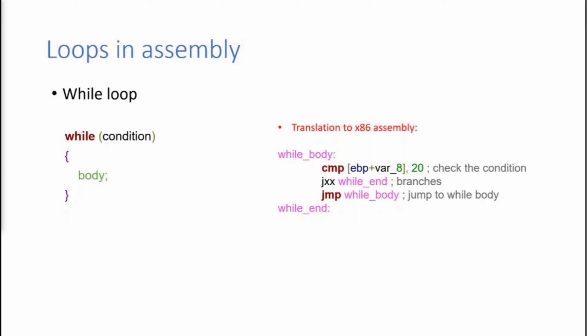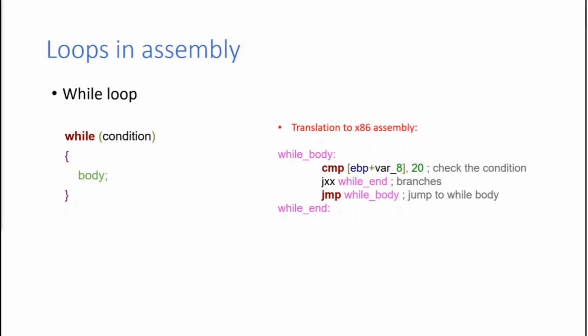If we have a look at the while loop, in which we have a condition and a body, and its corresponding translation to assembly language, we can see that we are using a CMP instruction to check the condition, followed by a conditional jump which exits out of the while loop if the condition check fails.